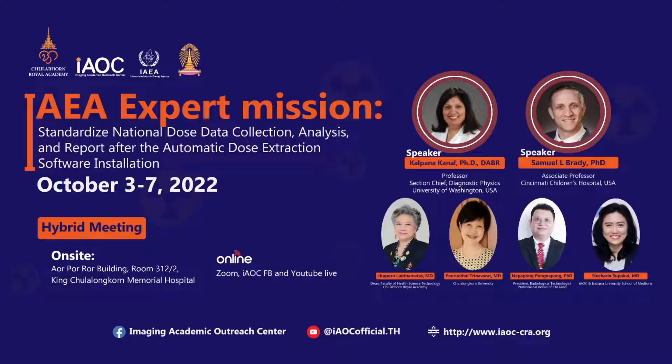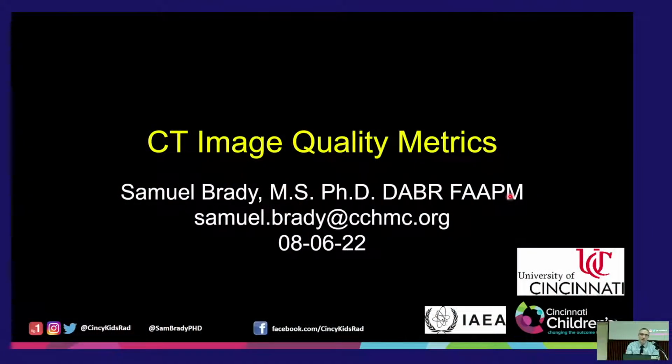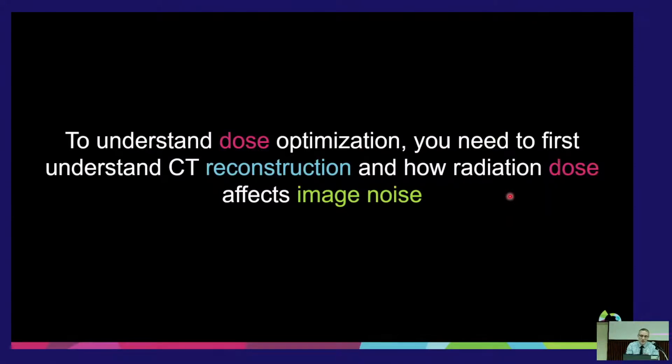All right, so we're going to start off today. We've been talking about dose reference levels. We've been talking about radiation dose all week. And we all know very much that when you want to optimize dose, you need to understand image quality. So we're going to spend a couple of minutes talking about CT reconstruction, historically and the more modern versions.